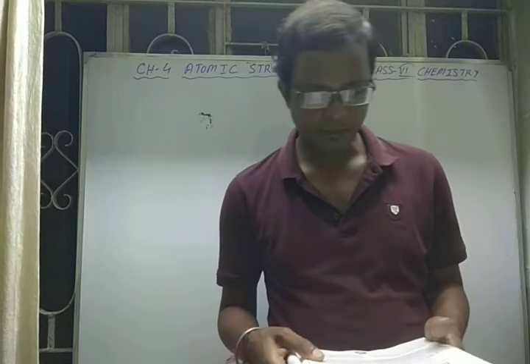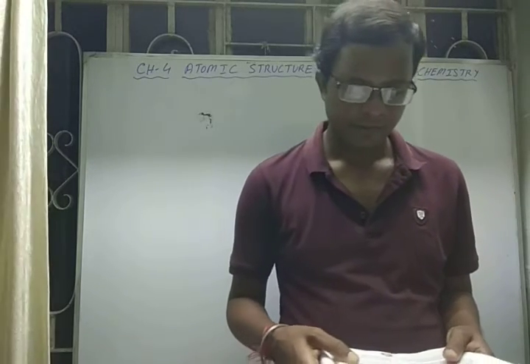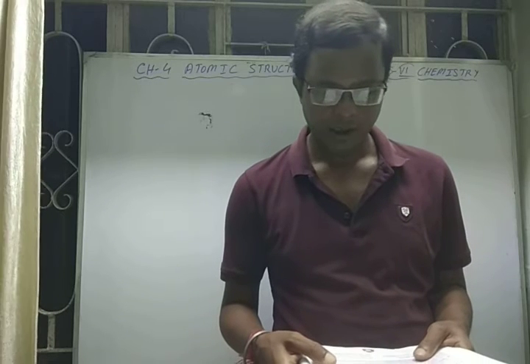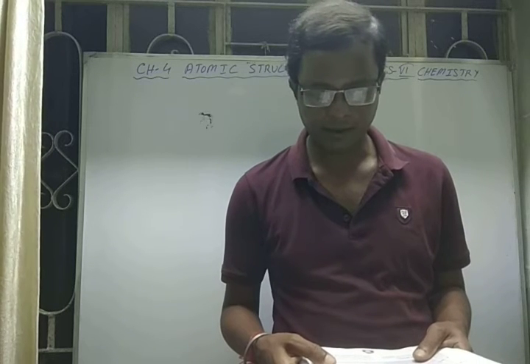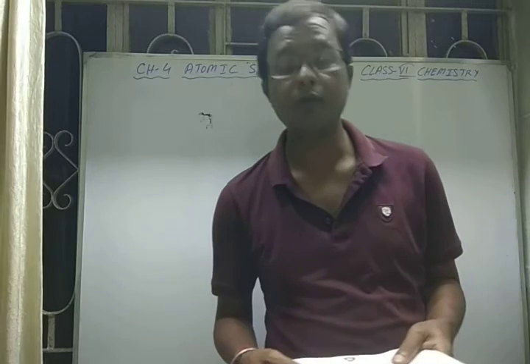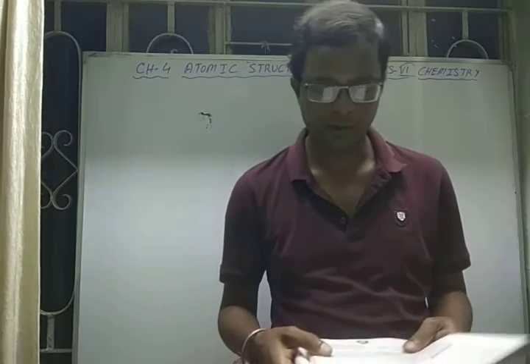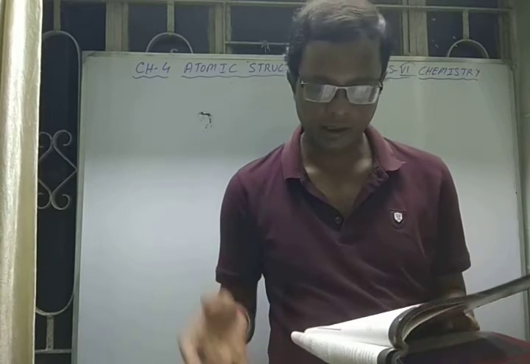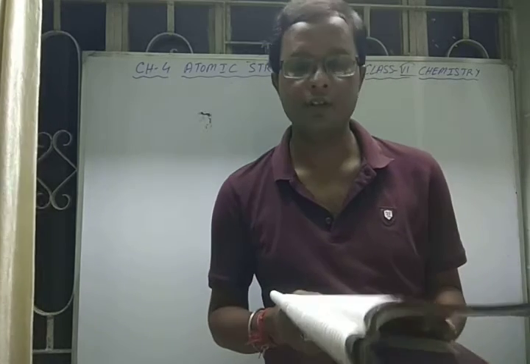In terms of number of hydrogen atoms, it can be defined as the number of hydrogen atoms that can combine with one atom of an element forming a compound with hydrogen. So when one atom of hydrogen combines with an atom of another element, it forms a hydrogen compound.